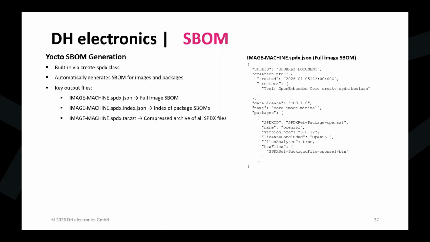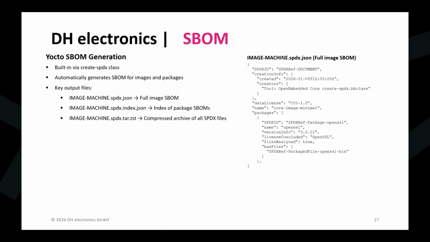On this slide, we would like to take a closer look at the format of the SPDX SBOM. You will receive 3 files with your image. The first file contains a full image SBOM. You can see an example snippet of the OpenSSL package on the right-hand side. Next to this, we have the index of package output.